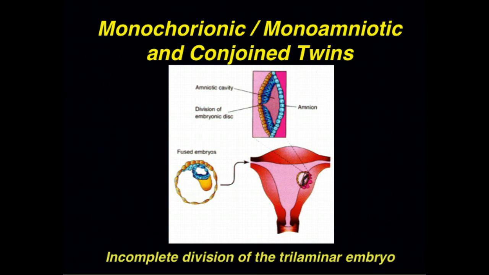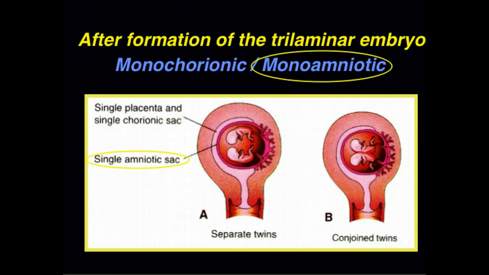They are conjoined because of the incomplete division of the trilaminar embryo. Conjoined twins. After formation of the trilaminar embryo, the pregnancy will be both monochorionic and monoamniotic. It may have separate twins or conjoined twins. So all conjoined twins are also monoamniotic.